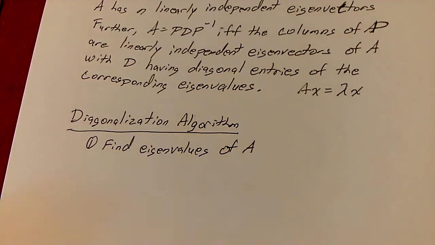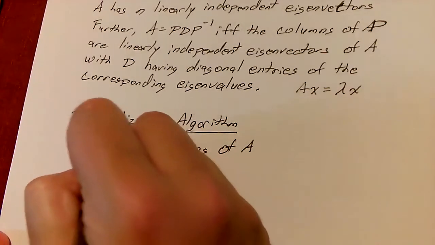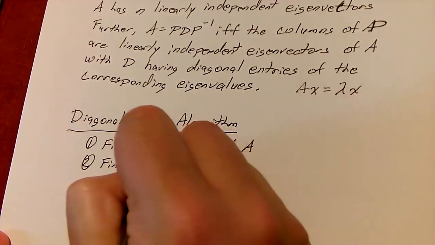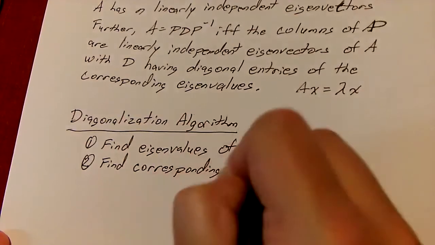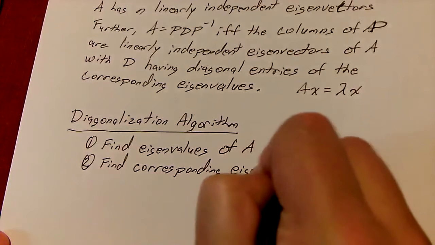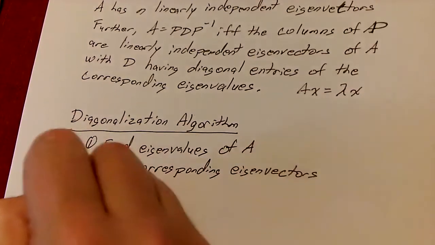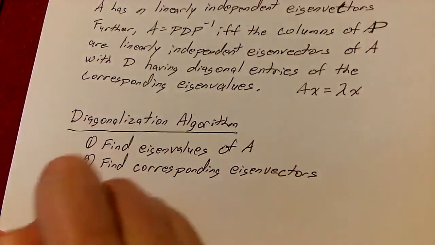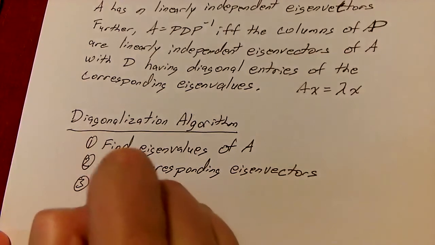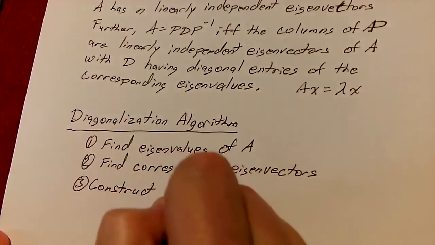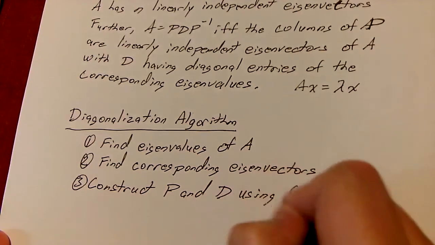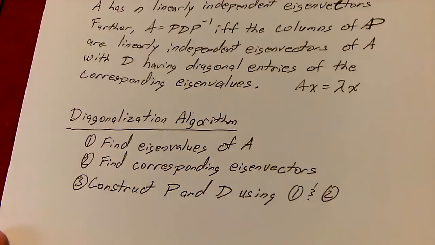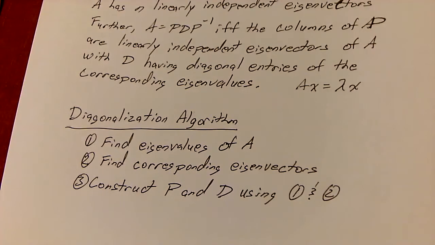Find the eigenvalues by whatever means. 2, then you're going to find the corresponding eigenvectors. And 3, you construct P and D using 1 and 2.